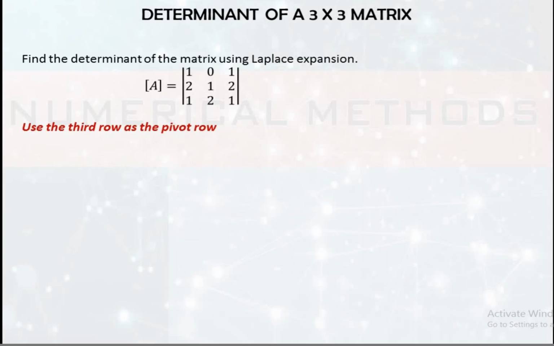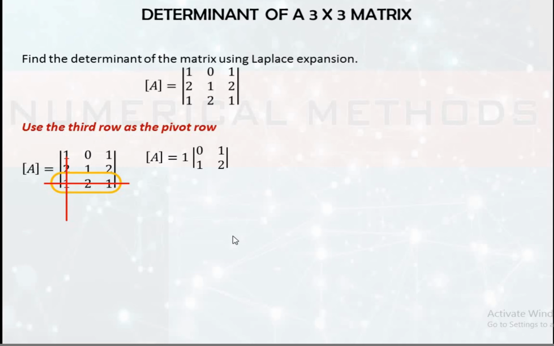Paano ko yung third row gagamitin? The same po yung magiging procedure ng solution. If I'm going to use the third row as my pivot row, I'm going to take the cofactor of 1. Positive siya, so be careful with that.